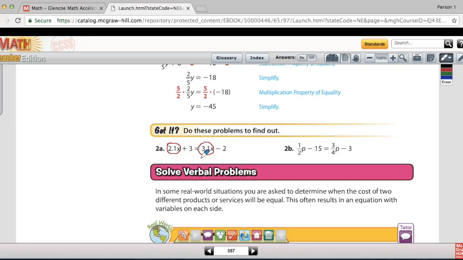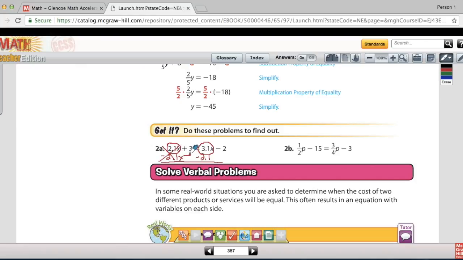You can either minus 3.1x minus 3.1x, or you can minus 2.1x and minus 2.1x. Okay, either one is right. I just like to use positive numbers, and so I'm going to minus 2.1x from both sides. What's 2.1x minus 2.1x? 0.